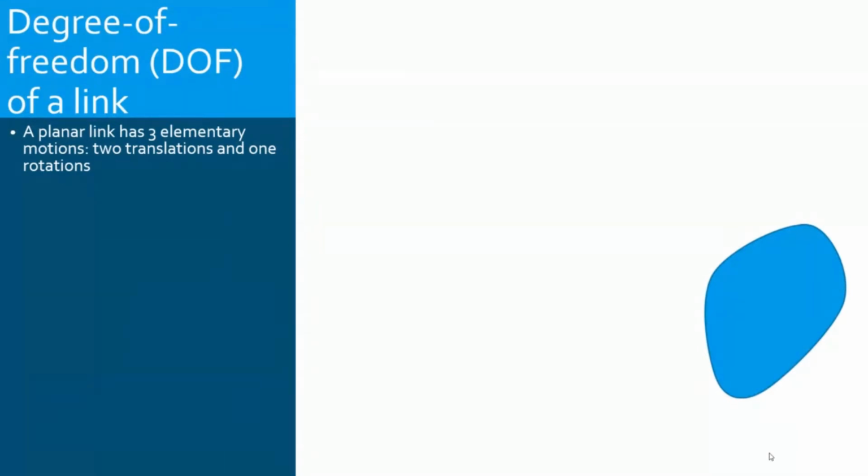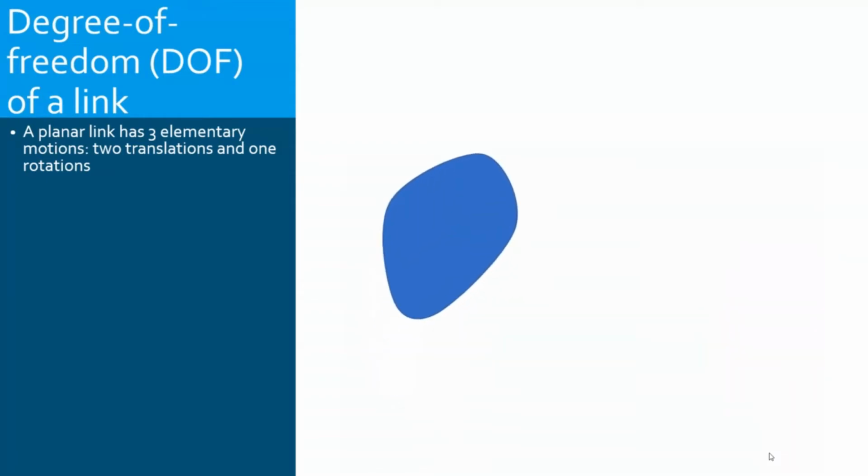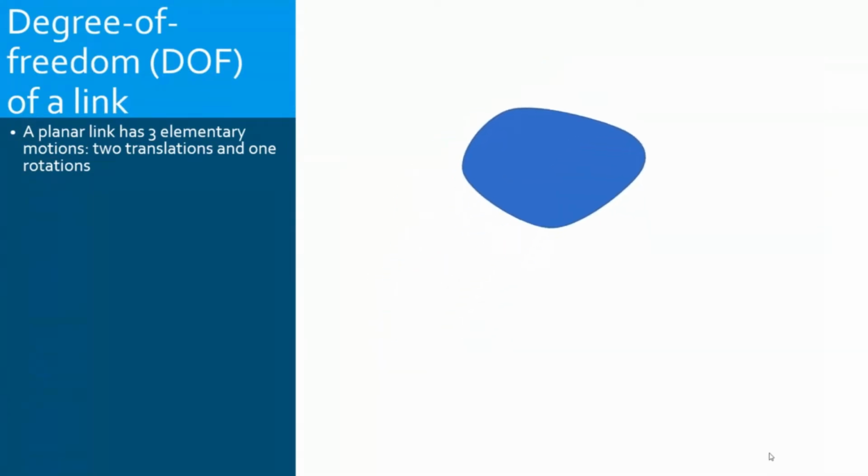So any other motion is a composite motion. It is made of these 3 elementary motions. So also the general motion is a combination of the 2 translations and the rotation.